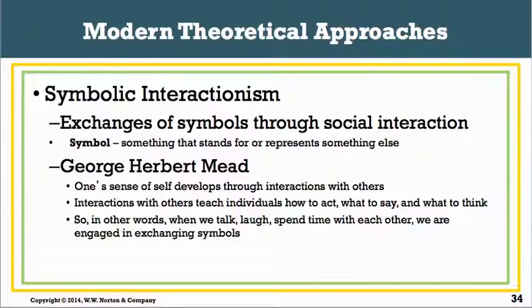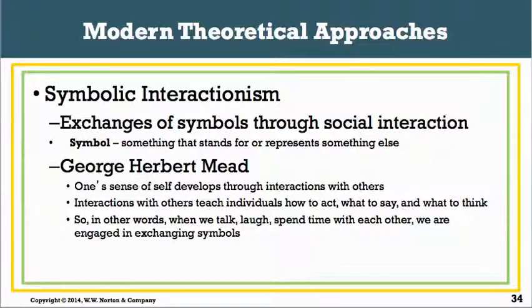So there's several ones I want to talk to you guys about. And by the way, you won't have to know rational choice theory. But let's start with symbolic interactionism. Symbolic interactionism is this idea that we exchange symbols through social interaction. And a symbol is something that stands for or represents something else.